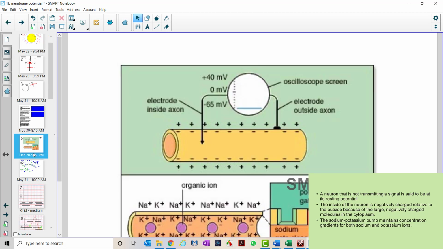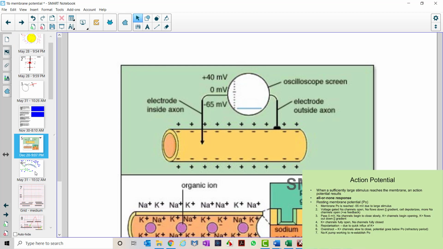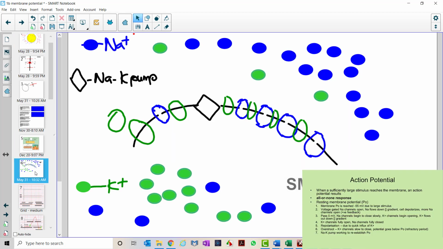All right, so this negative value can change. A common value for the resting membrane potential of the cell is negative 70. Depending on what resource you look at, you'll notice that it ranges, but I'm going to use a value of negative 70.